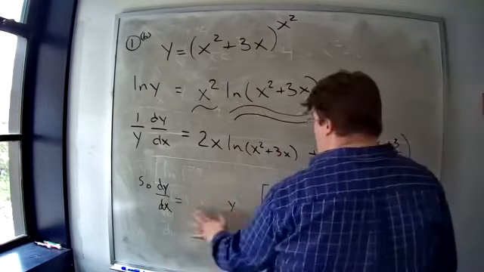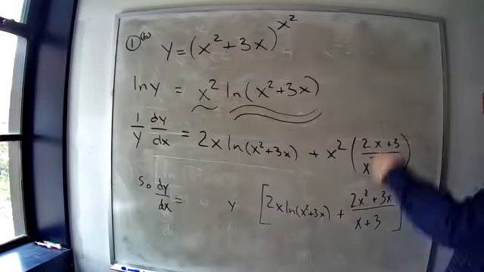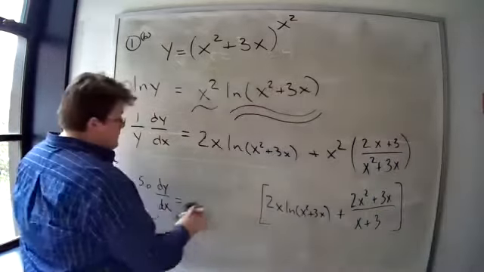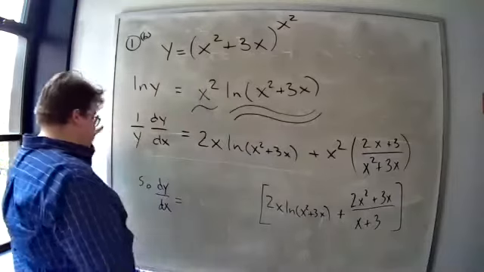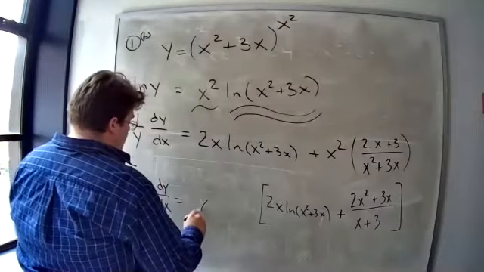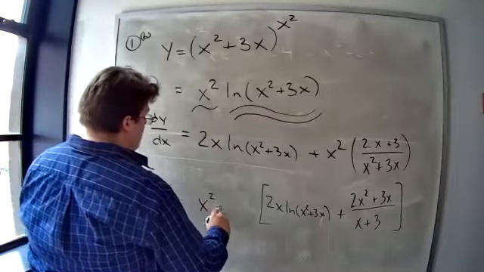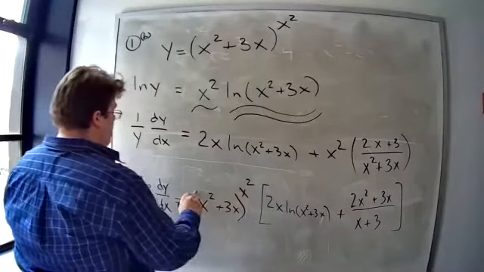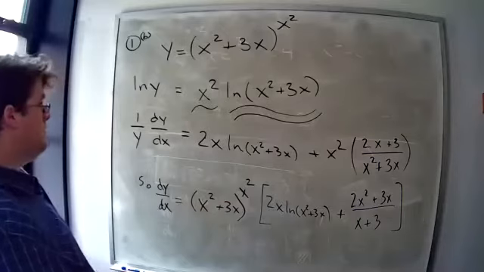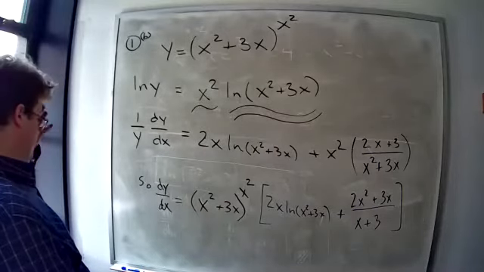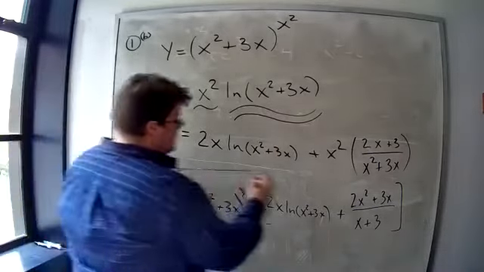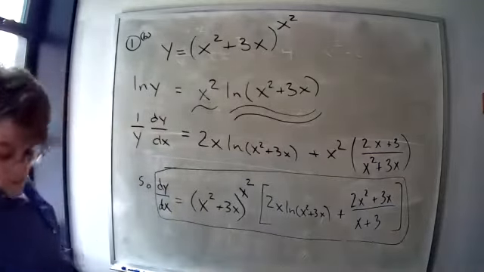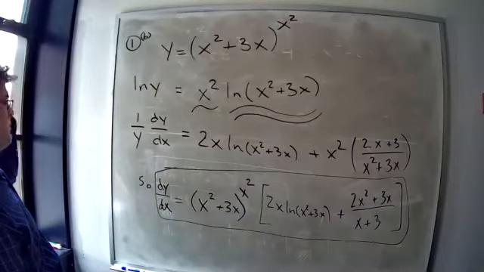So dy dx is y times all of this, and we can just rewrite y in terms of x, because we do have an explicit relation between y and x. And you don't have to simplify. Any questions about this one?